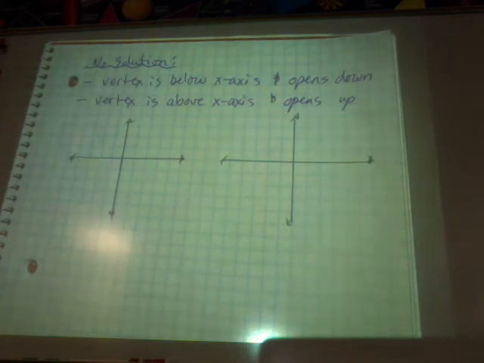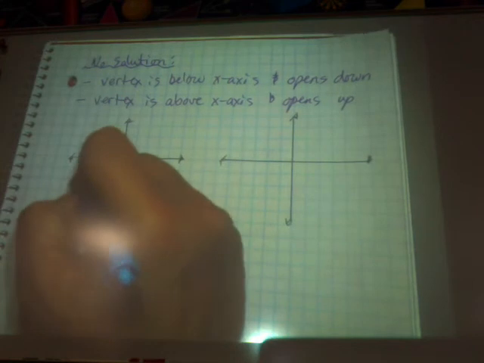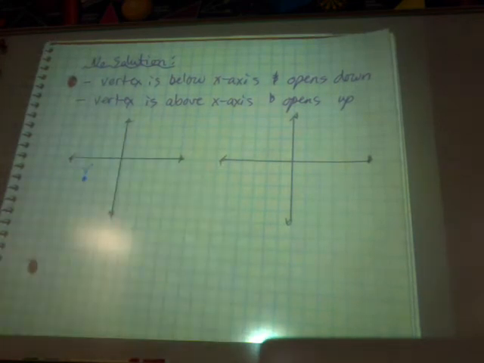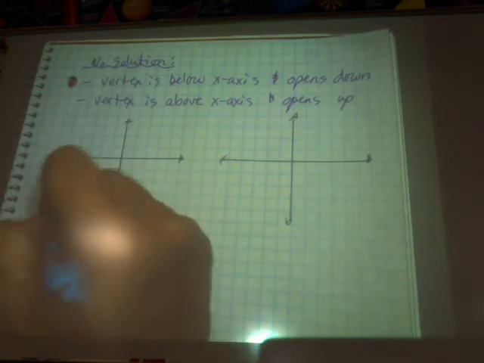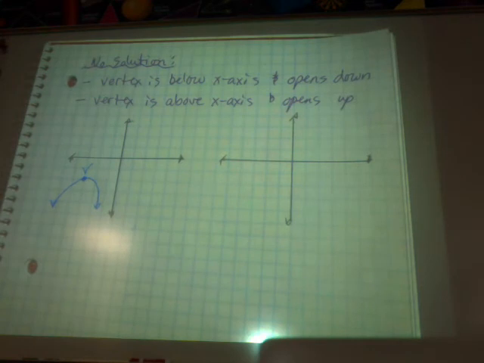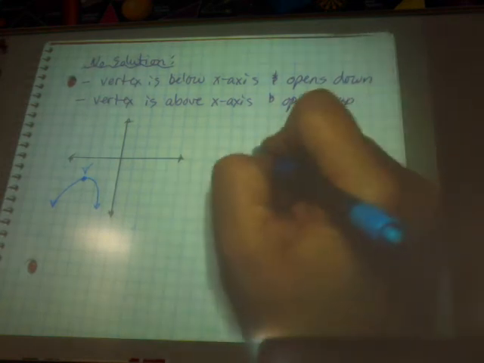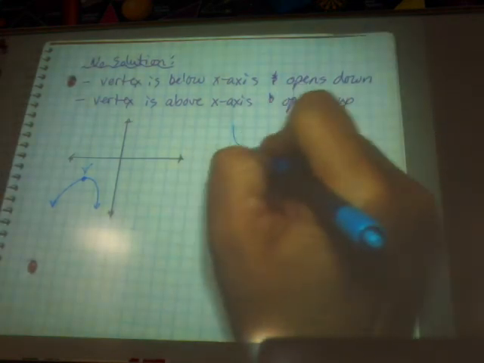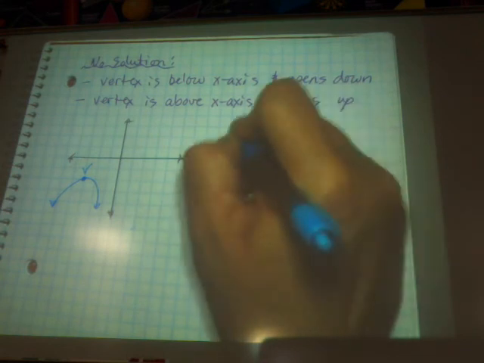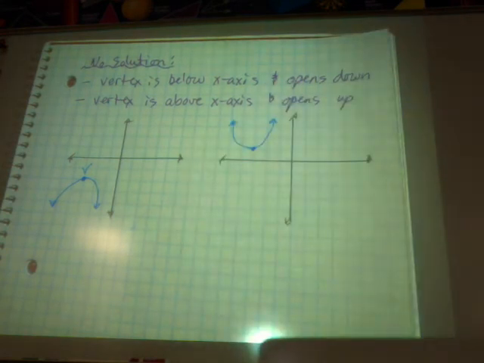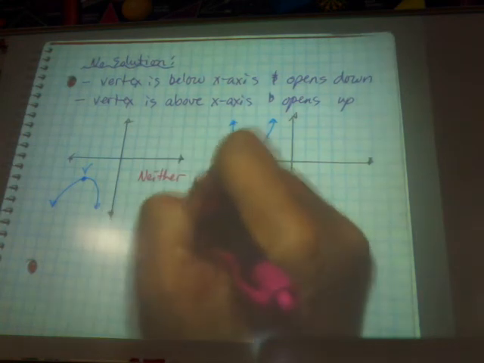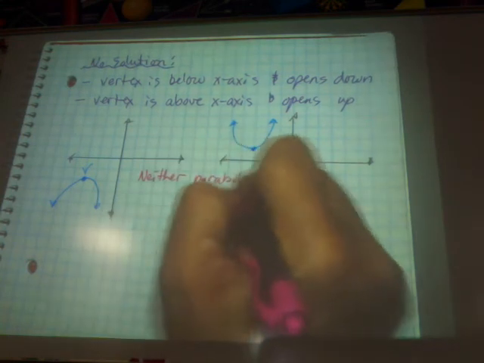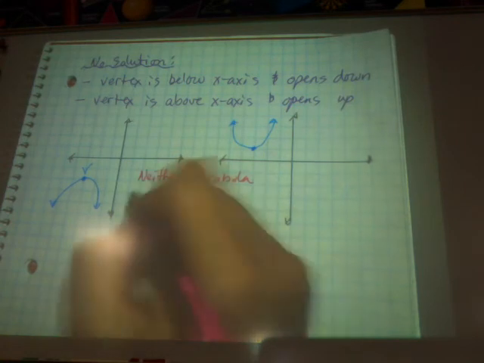All right, so we're going to show that. So here might be your vertex below the x-axis, and then it would have to open down in order for there to be no solution. Or it could be above the x-axis, and it would have to open up. Neither parabola crosses the x-axis.